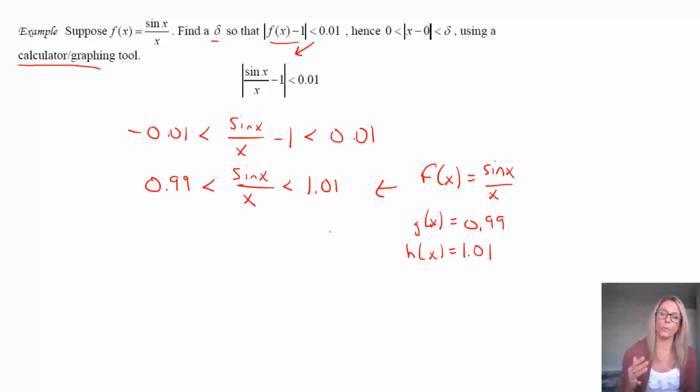And when you put those 3 things onto a graphing calculator, or onto something like Desmos, you're just trying to see where does f of x intersect with g of x or h of x. So I'm going to cut this video and show you what that looks like graphically right now.